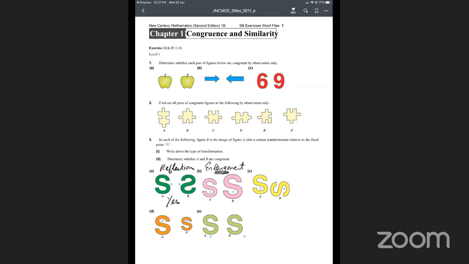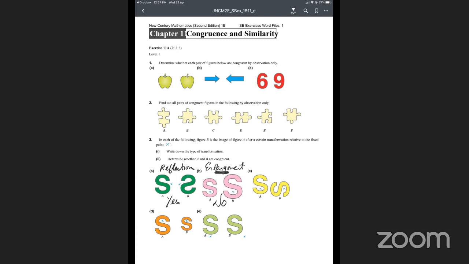In this one, the size is already different, so we can quickly confirm that these two figures are not congruent.